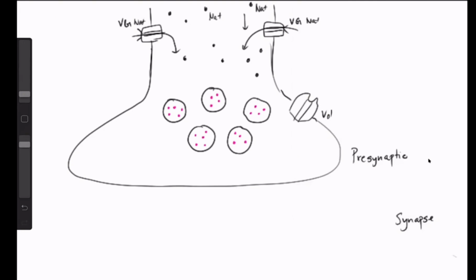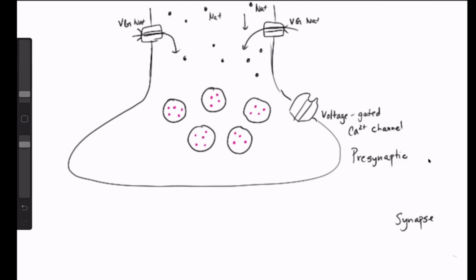This one is a voltage-gated calcium channel. Now, remember in chapter 11, I said, yo, guys, calcium is responsible for a lot of cell regulatory mechanisms. Remember I told you that? This is why we always pumped calcium out, and why calcium was pumped into the ER, and we always had a low cytoplasmic calcium concentration. Hopefully you guys remember that.